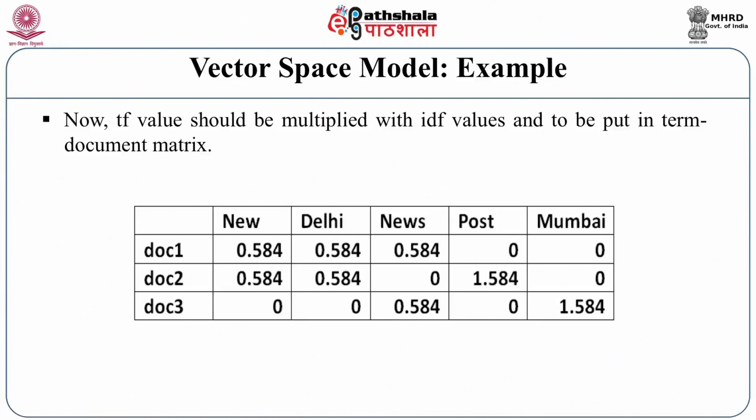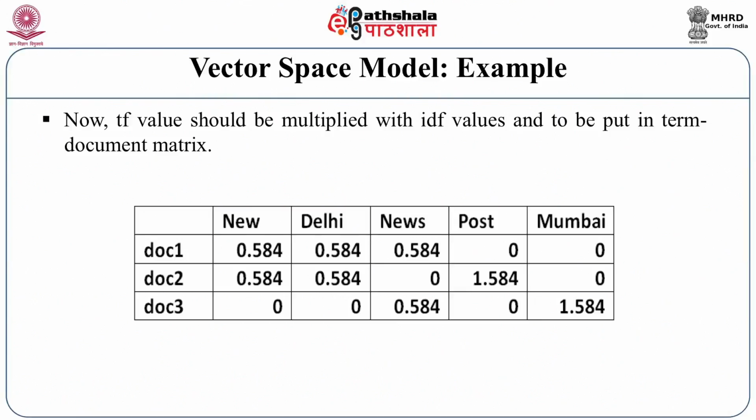Now after creating the matrix, I am multiplying each cell value with the inverse document frequency value. After multiplying these two, it becomes like this. That is, document 1 for the term New is 0.584.